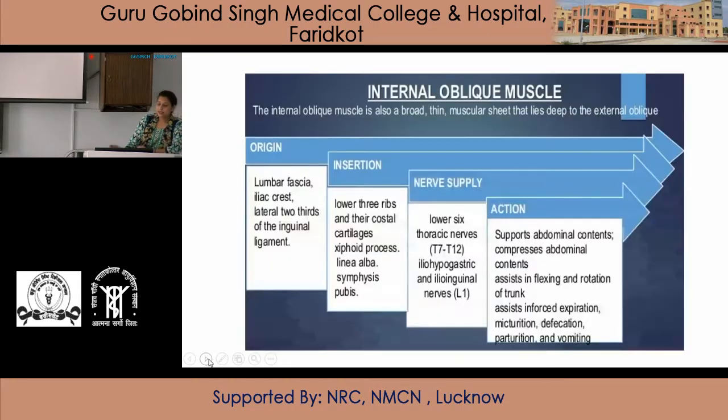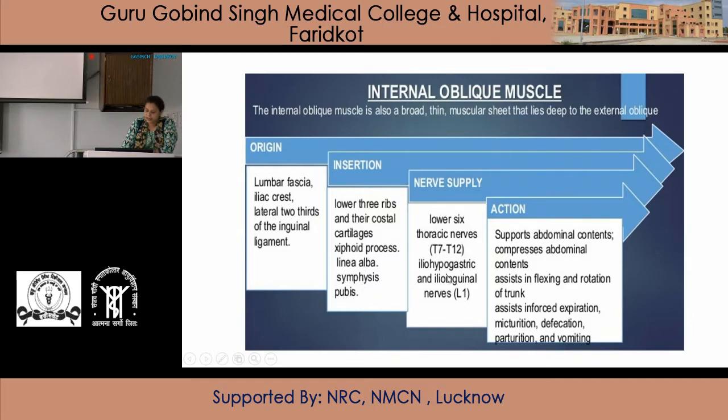Next is the internal oblique muscle. The internal oblique muscle is a broad, thin muscular sheet that lies deep to the external oblique muscle. It arises from the lumbar fascia, iliac crest, and lateral two-thirds of the inguinal ligament, and inserts into the lower three ribs and their costal cartilages, xiphoid process, linea alba, and pubic symphysis.